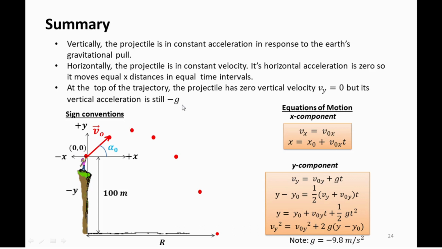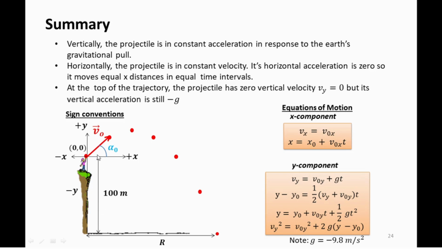Also, remember the sign conventions illustrated here. The initial position of the projectile is taken as the origin, or at the x equal to 0 and y equal to 0 position, for simplicity in the calculations. And all the vertical distances above the initial position are all positive y-axis values, while the values below the initial position are all taken as negative y-axis values.